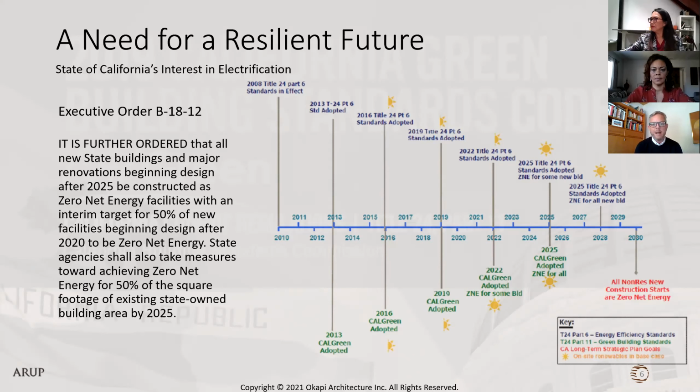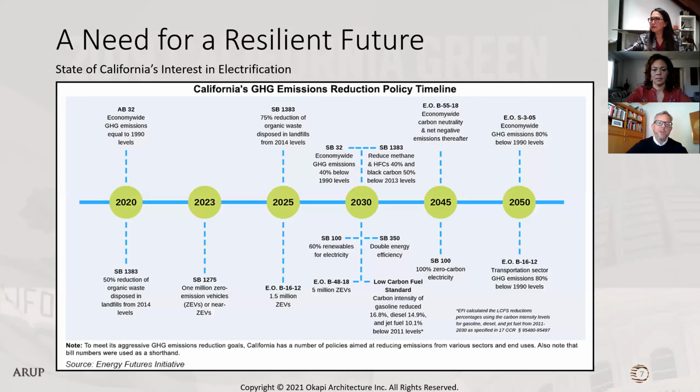The state has adopted those targets in advance of the code, so the state's definitely leading. But there's this larger context that I think is important when you're thinking about zero codes and decarbonization and electrification: it starts to expand the building from just the building systems itself to questions of mobility and electric vehicles, grid reliability, and renewable energy, both on-site and off-site.